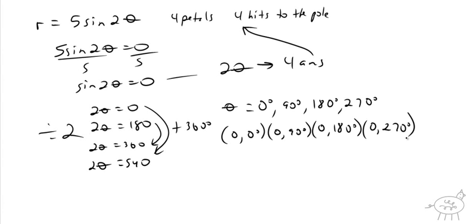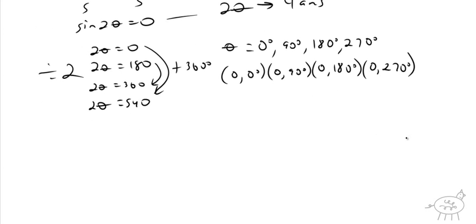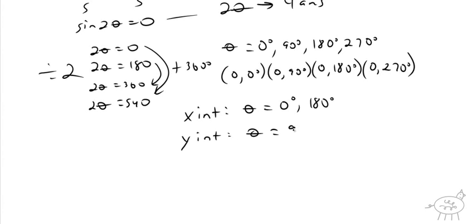Now, one more thing before I end this video here. I want you guys to understand what's an x-intercept. Let's keep these points here. What's an x-intercept? Isn't an x-intercept where theta is equal to 0 degrees and 180 degrees? Okay. And what's a y-intercept? Well, isn't that where theta is equal to 90 degrees and 270 degrees? Of course, okay.